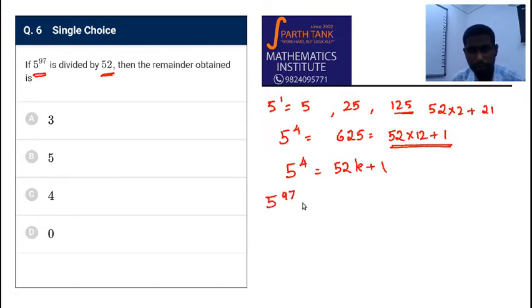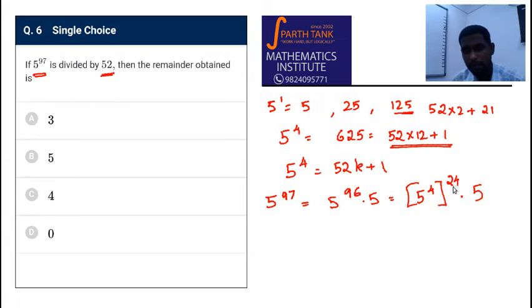We know 5 to the power 97 is 5 to the power 96 into 5, and 5 to the power 96 is 5 raised to 4, the whole raised to 24, right? So raise the whole thing to 24 and multiply it by 5. Okay. So 5 power 4 raised to 24 will be 52k plus 1 raised to 24, right?